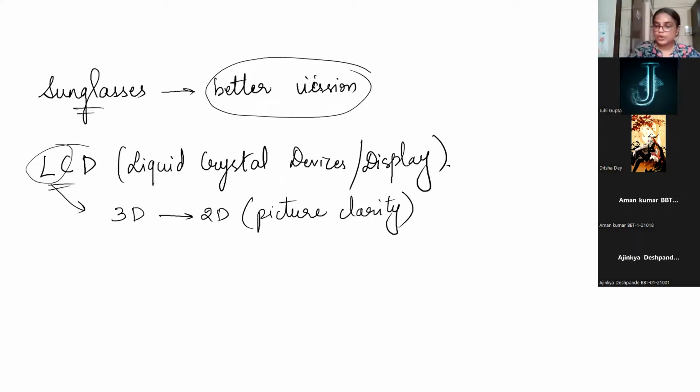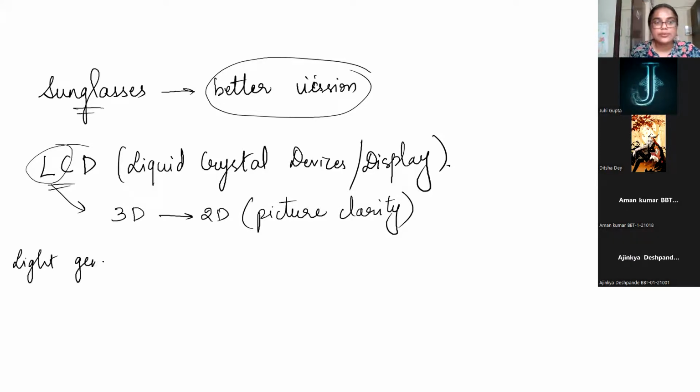Okay. So I'm just going to dictate a small paragraph. Anybody wants to write it down, please write it down. Light generates an electric field perpendicular to the direction of propagation.